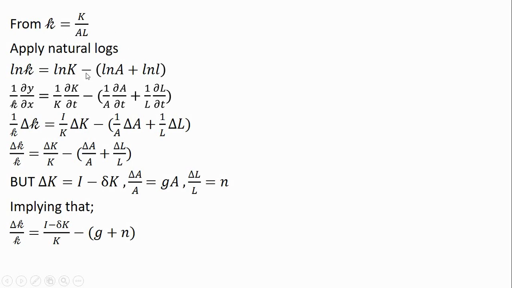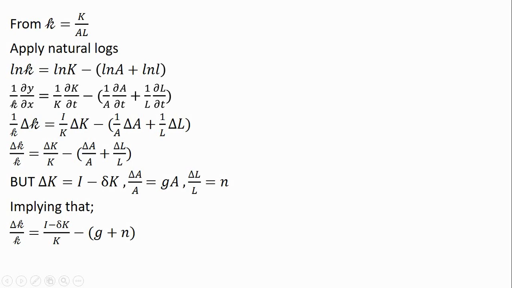So if you leave this as minus ln A plus ln L, if you don't want to put the brackets, then you represent it as ln K minus ln A minus ln L, all of it as minus. But if you still want to show the addition here, you put it in brackets. So now this is our new equation after turning it into natural logs.